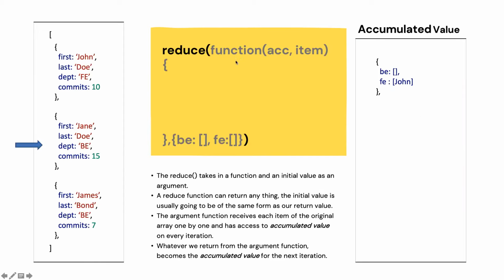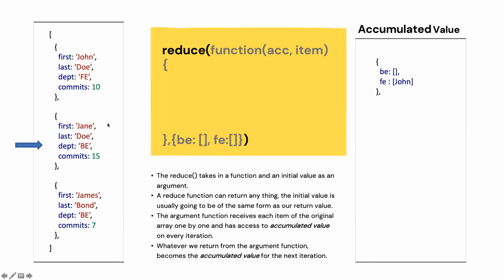So basically, the return of the last iteration is the accumulator of the current iteration. In the very first iteration, we added John to the FE. In the second iteration, our accumulator is exactly the same thing which we see here on the right, and our current item is the first chain thing.